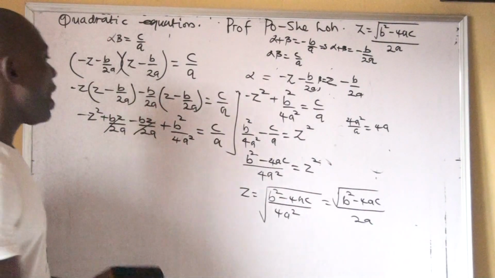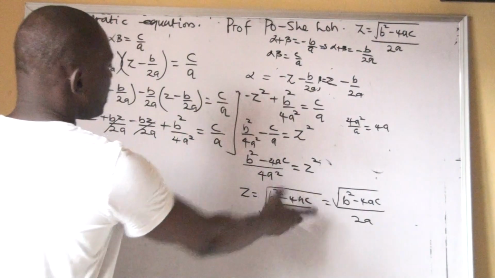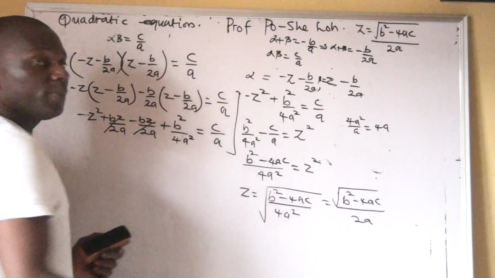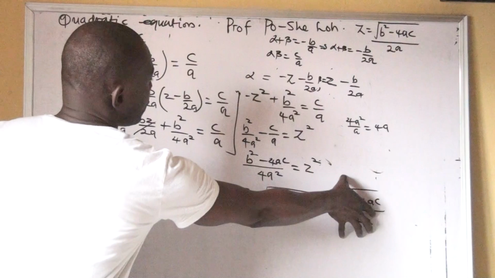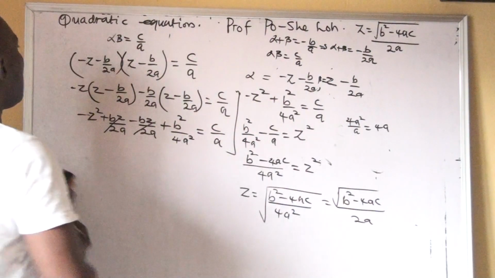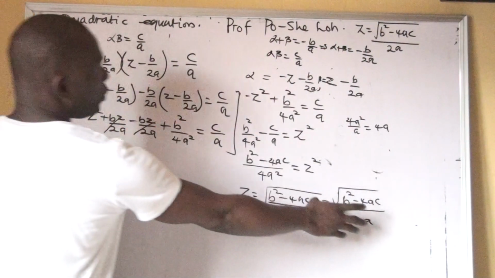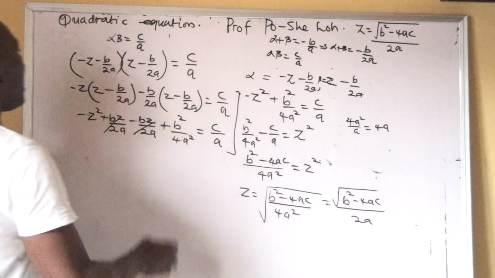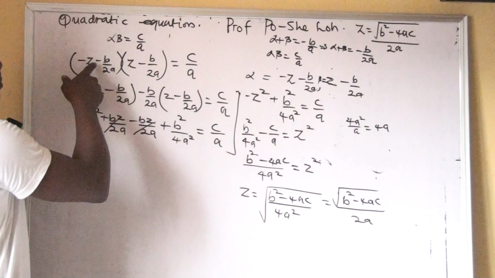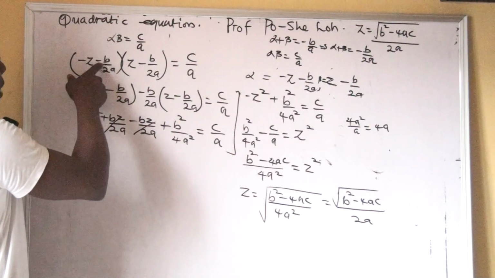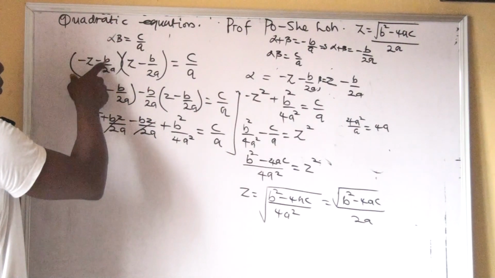So once you are able to obtain the value of z, this is the expression for z in the quadratic equation. Once you're able to do this, know this offhand, and you know that the average of the roots is minus b over 2a.